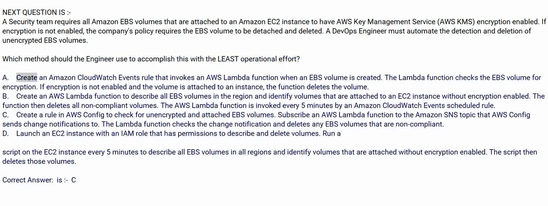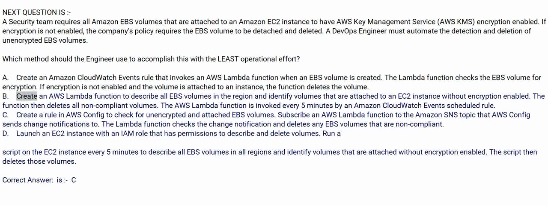A. Create an Amazon CloudWatch Events rule that invokes an AWS Lambda function when an EBS volume is created. The Lambda function checks the EBS volume for encryption. If encryption is not enabled and the volume is attached to an instance, the function deletes the volume.